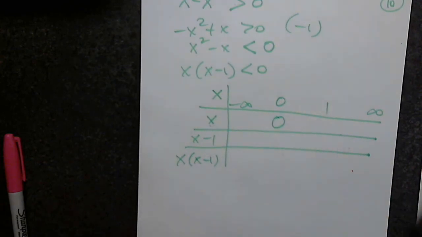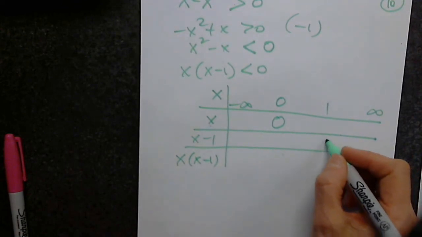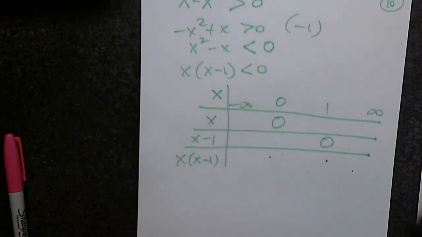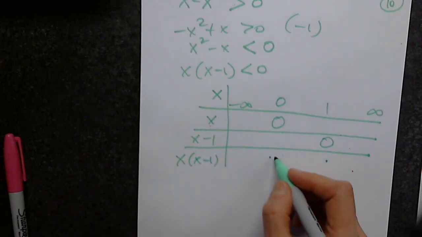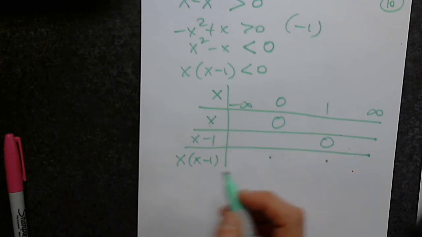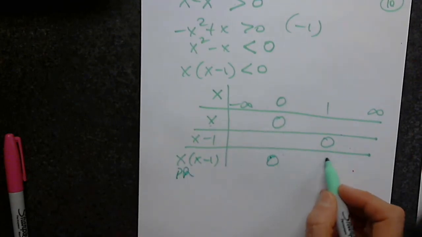I know it's a silly question. Where is the 0 for x minus 1? 1. And what happens here and here with the product? It's not undefined, it's not the ratio. It's a product. 0. Yes.